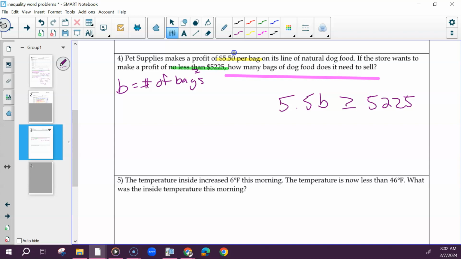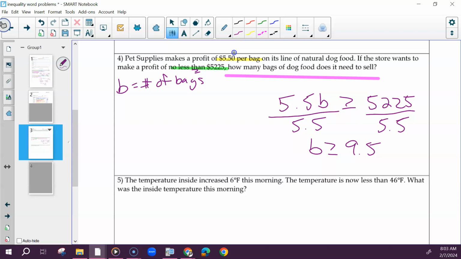And divide. Now, if we're looking for number of bags, we really don't want to sell half a bag, so could we round this up or down?